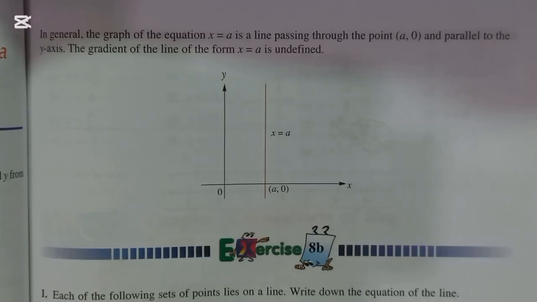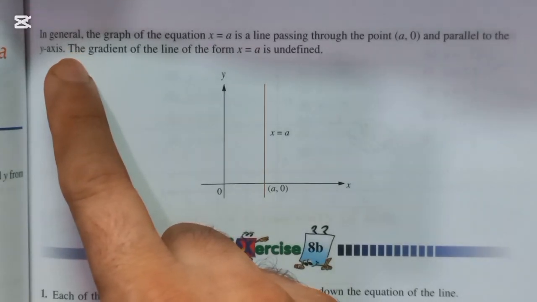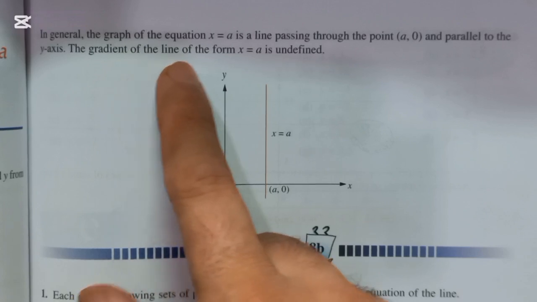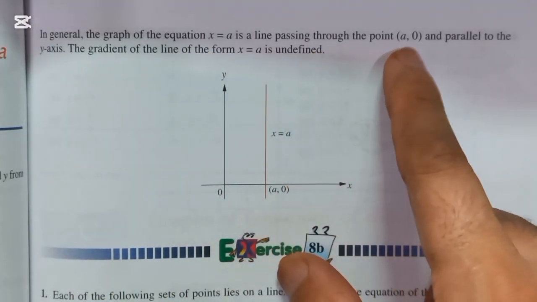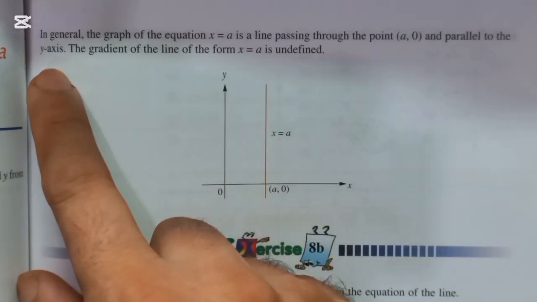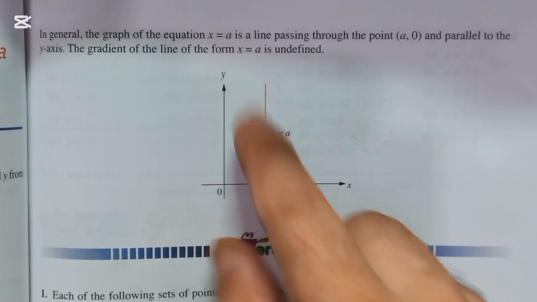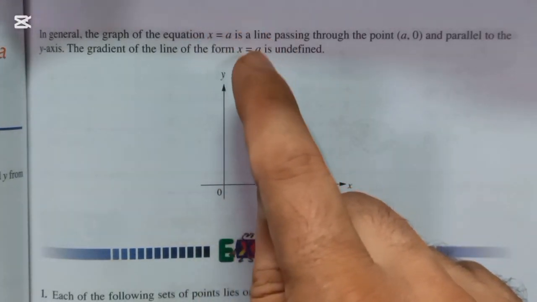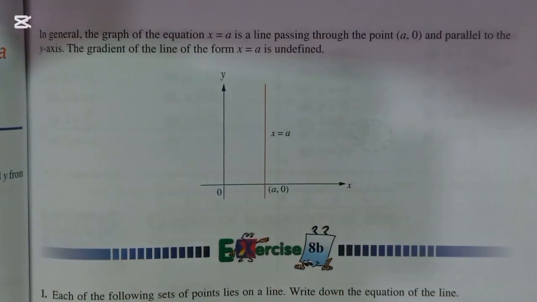The next thing that is very important as far as your papers are concerned, so concentrate yourself. In general, the graph of the equation x is equal to a is a line passing through the point (a, 0) and parallel to the y-axis. So the graph of the form x is equal to a will be parallel to the y-axis, and the graph of the form y is equal to c will be parallel to the x-axis. So these points are very important.